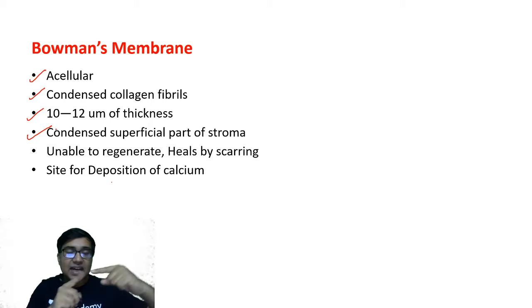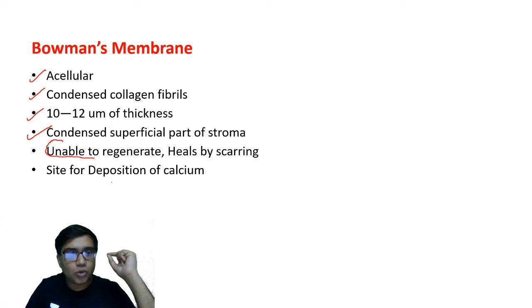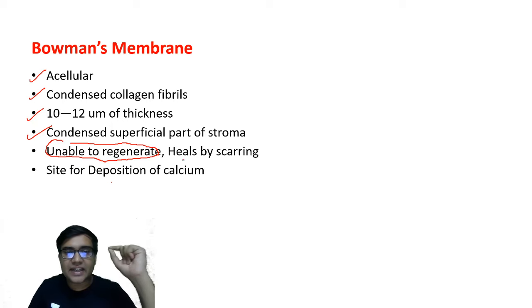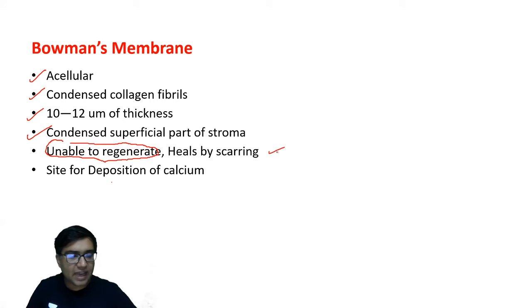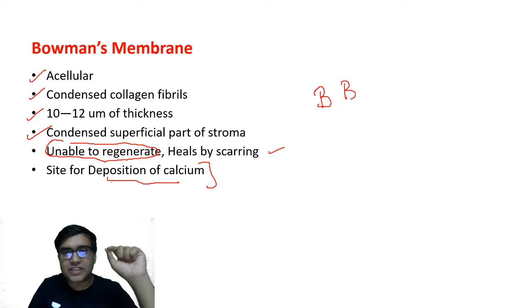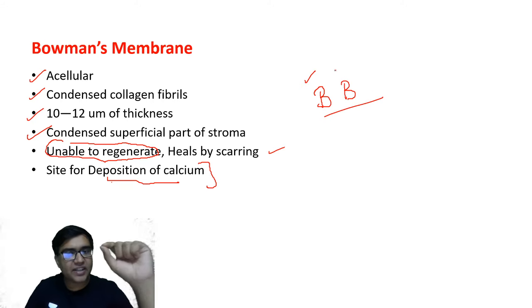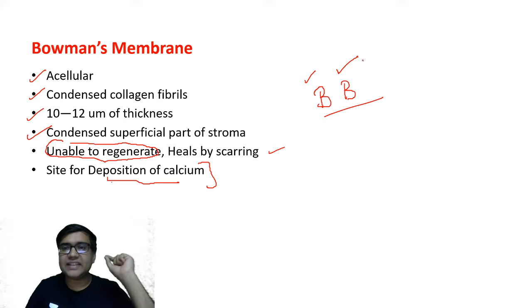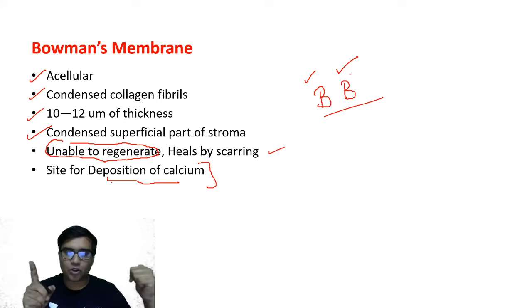Very important, unlike your epithelium, it is unable to regenerate and heals by scarring. It is a site for deposition of calcium. Remember a mnemonic, B goes with B. Bowman's membrane has deposition of calcium in cases of band shaped keratopathy.